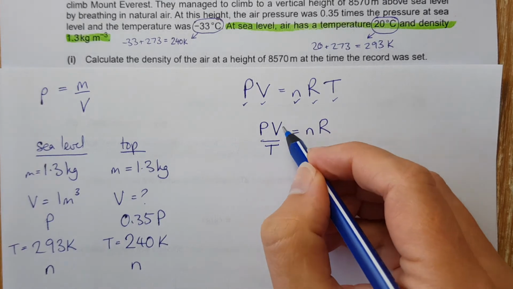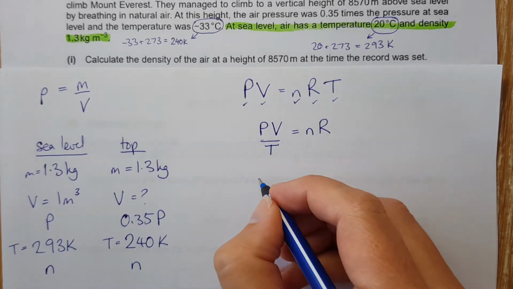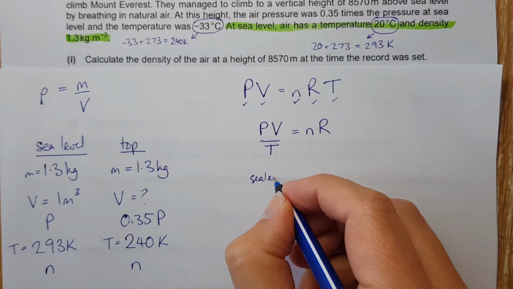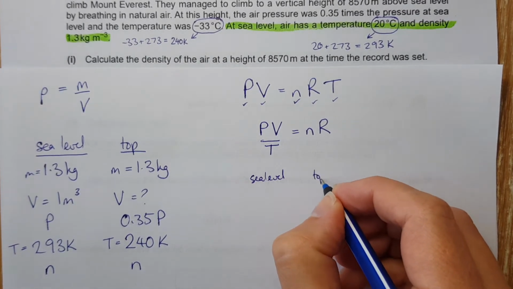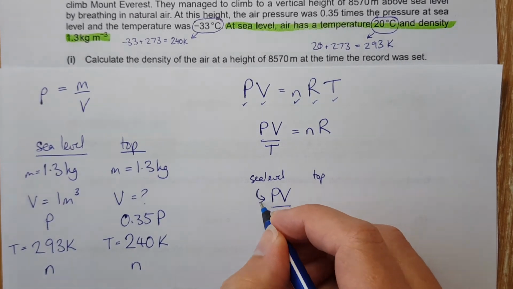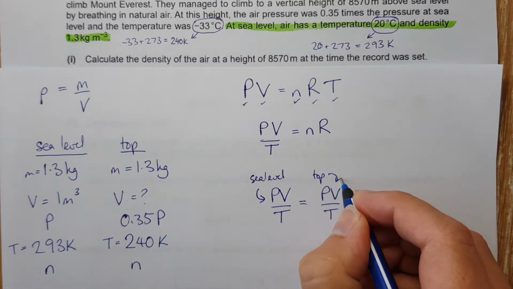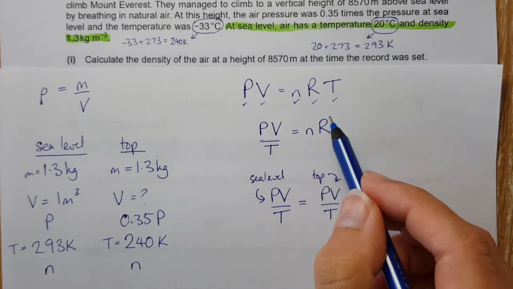So here's everything that's changing on one side, everything that's not changing on the other. Now what that means is that if I do sea level and top of the climb, then PV over T at sea level has to equal PV over T at the top, because they're both equal to this same number here.